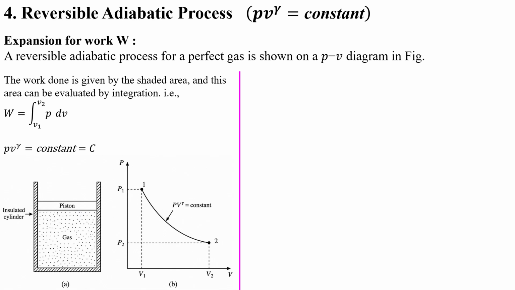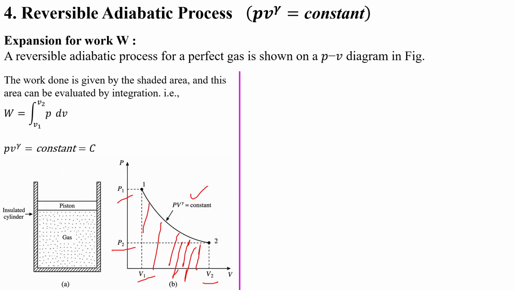This is the schematic representation of the adiabatic process. Volume changes from V1 to V2 and pressure changes from P1 to P2, and this shaded area is the work done during the adiabatic process, and the relation between P and V is PV power gamma equal to the constant.